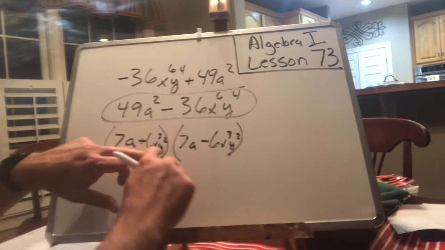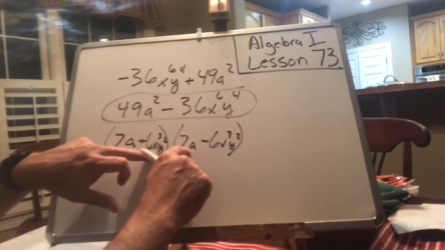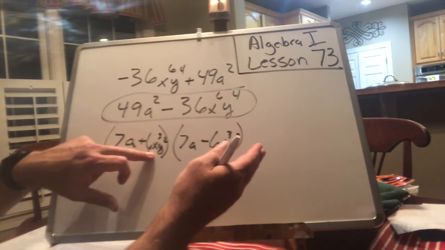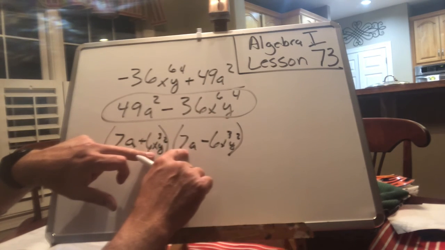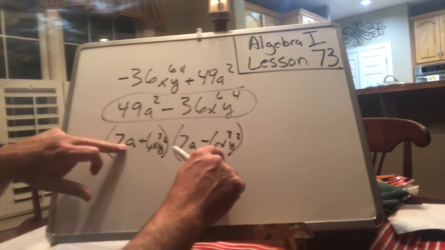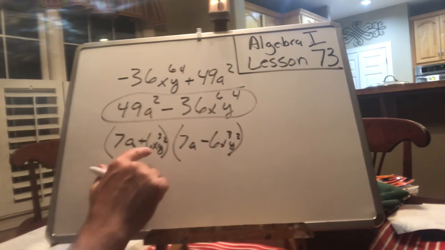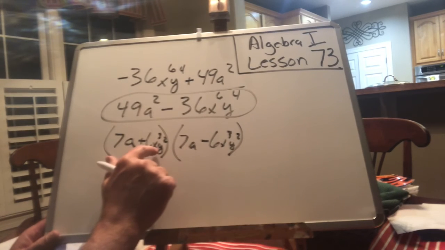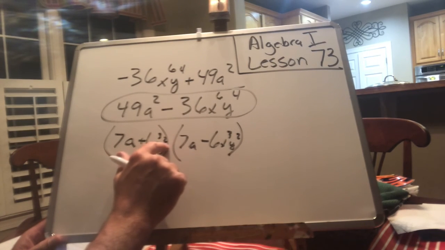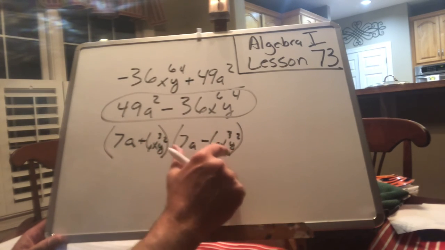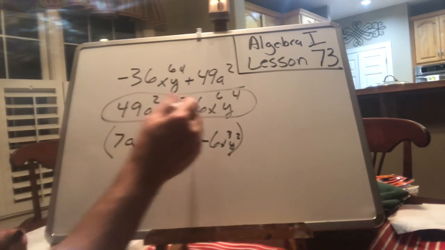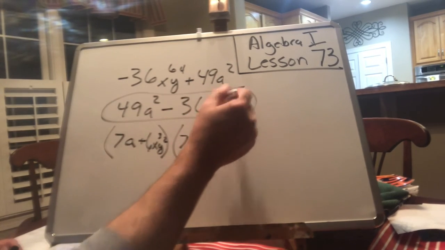Then you multiply the other one by positive, and it's going to be just the opposite, a positive. I have two positives here, and I have a positive and a negative here. They're going to cancel each other out, and then when I finally multiply 6x to the 3 y to the 2 times negative 6x to the 3 y to the 2, I'm going to finish off getting 36x to the 6, y to the 4.